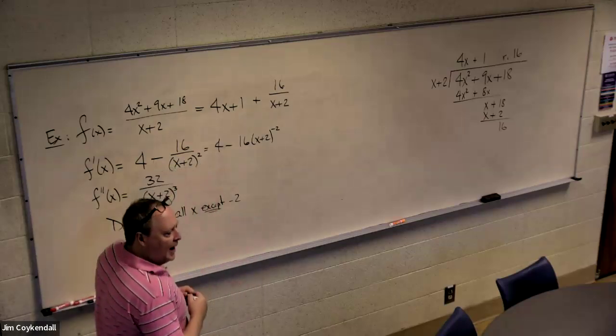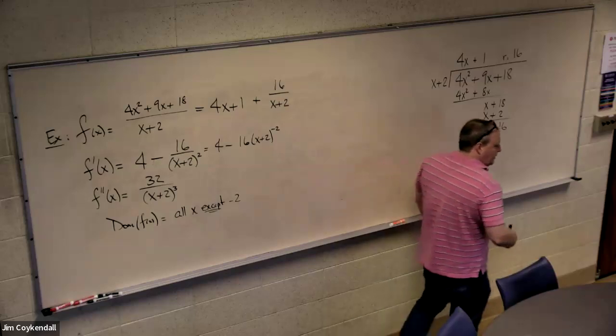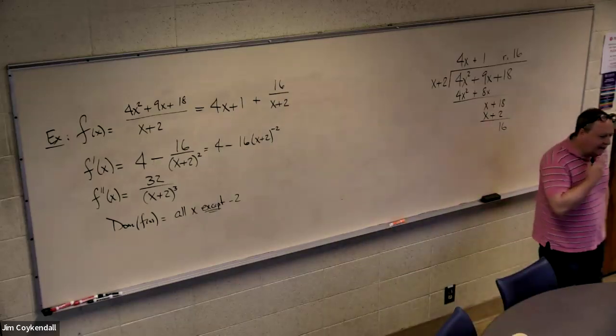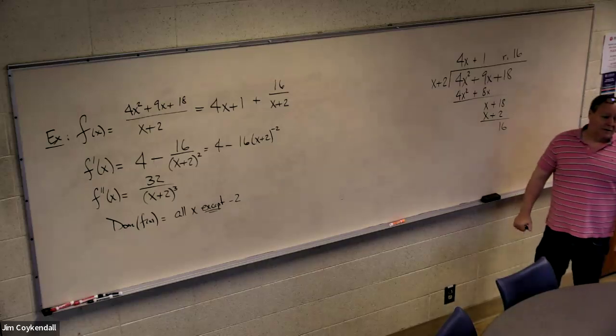Any guesses as to what happens at negative 2? What do you expect to be going on? I mean, you can't plug in anything for negative 2. What are you supposed to think your approach is going to be near negative 2? The denominator is zero.